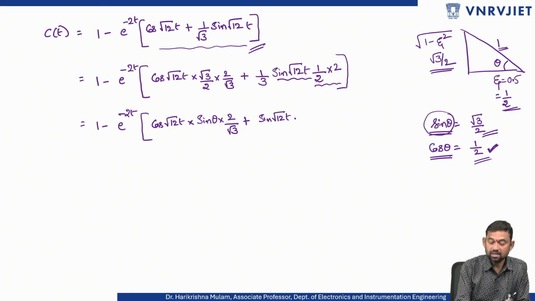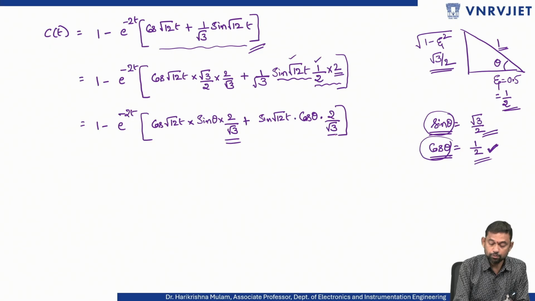As sine term is there, we have multiplied with the cos term, that is 1 by 2. So this 1 by 2 is cos theta. What else is left over? This is root 3. So 2 by root 3 is there.